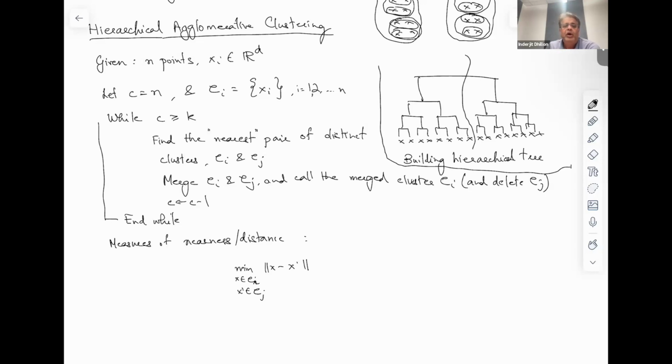Okay, so I'm basically looking at all the points in the clusters, and I'm looking at the pair of points that are minimally separated from each other, which have the minimum distance from each other. Okay, and this is sometimes called dmin(Ci, Cj). And this is called the single link. It's called single link because it really depends only on the smallest distance between the pairs of points.